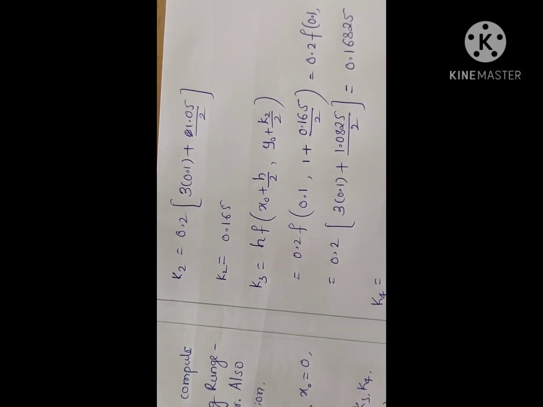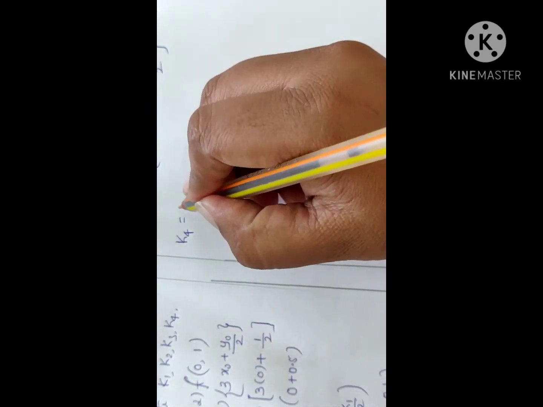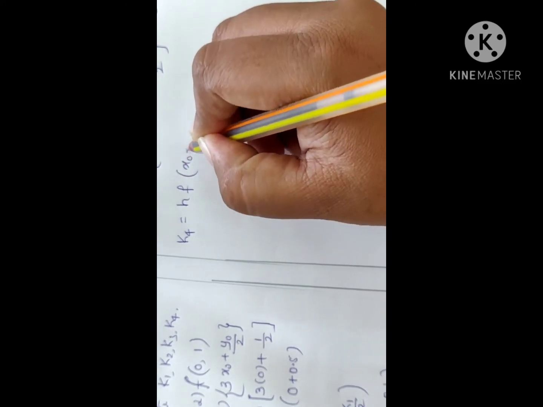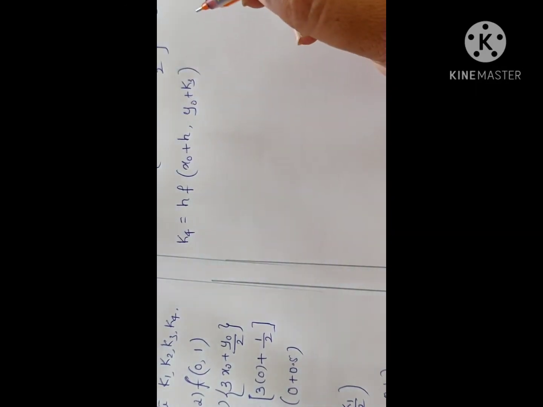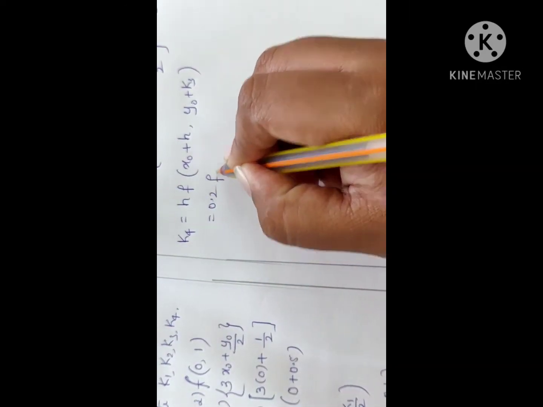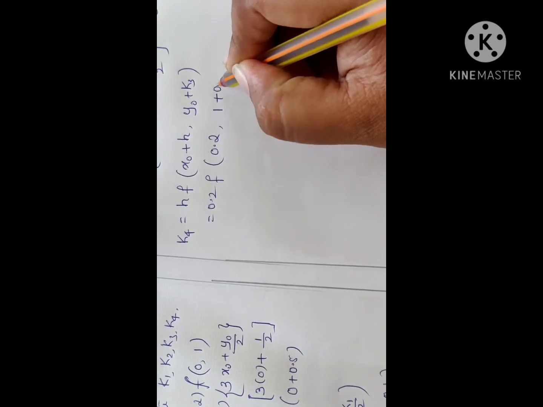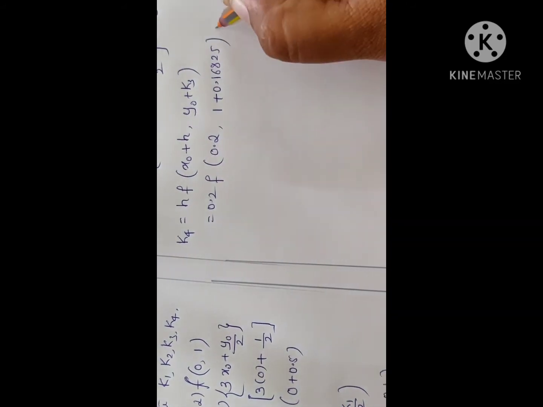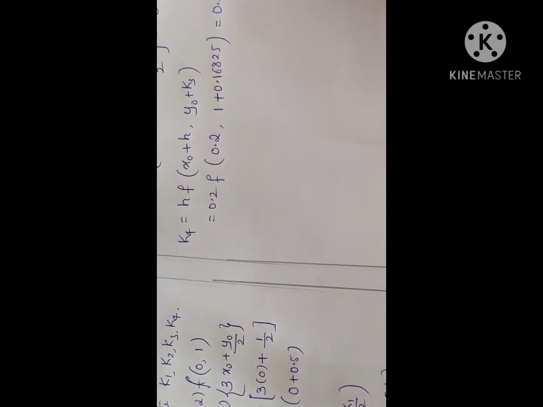Now K4. K4 is again h into f of x naught plus h, y naught plus K3. So h is 0.2, x naught plus h is 0.2, and y naught is 1 plus 0.16825. So this is nothing but 0.2 into f of 0.2, 1.16825. These are the points.